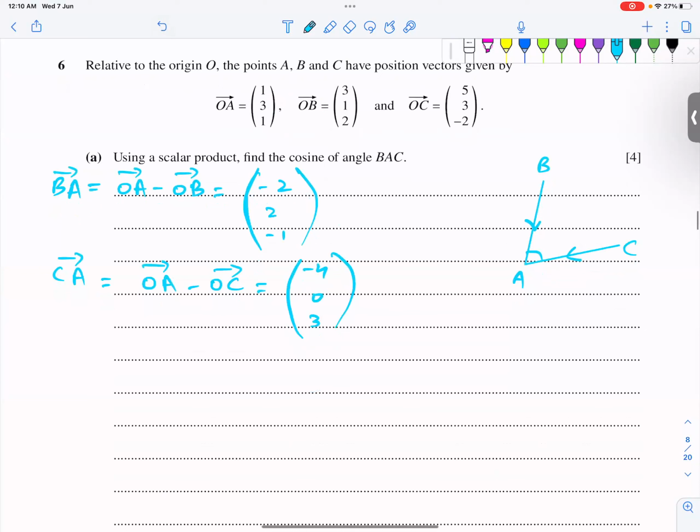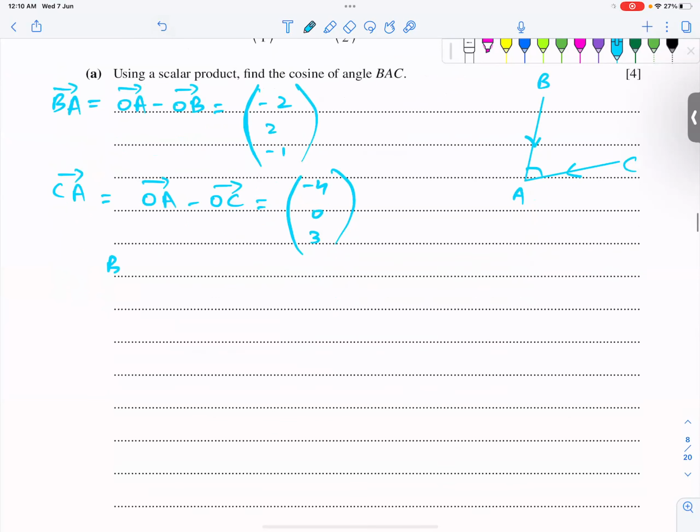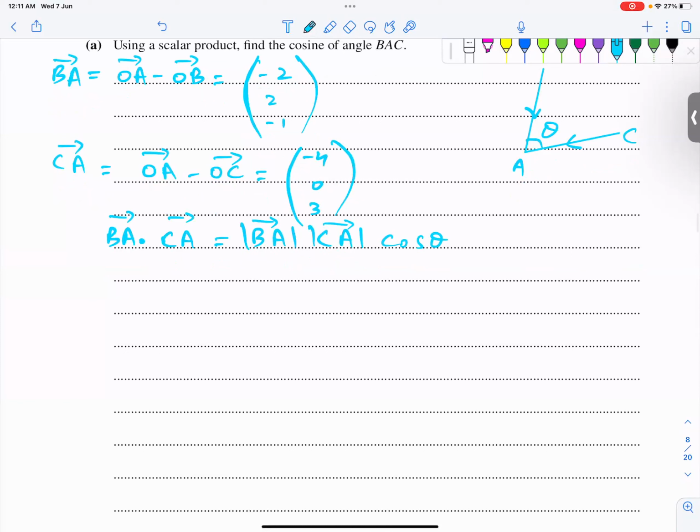The formula was BA dot CA is equal to the BA magnitude times the CA magnitude times cos of the angle between them. So to find the cosine of the angle BAC, we just need to find cos of theta.